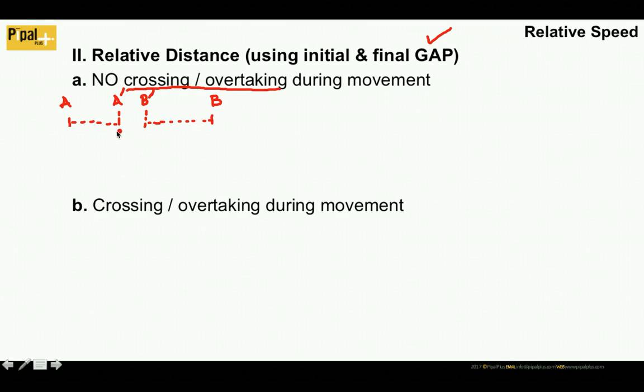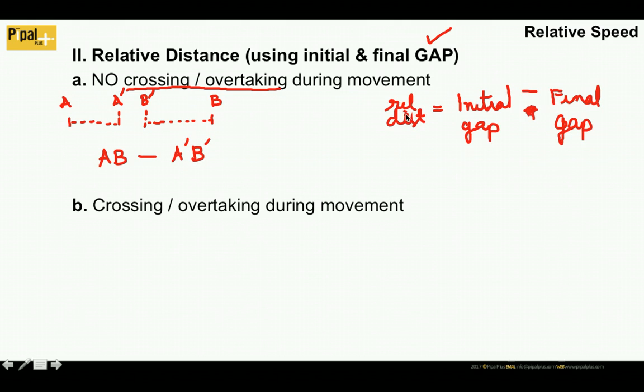So in this case, the relative distance covered will be the initial gap, which is AB, minus the final gap, which is A dash B dash. So in case there is no crossing or overtaking, the relative distance is going to be the difference between the two gaps. If we know the initial gap and the final gap, the relative distance is going to be initial gap minus the final gap.